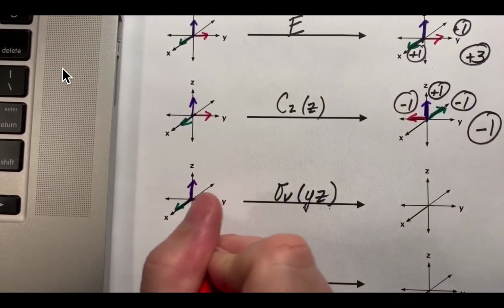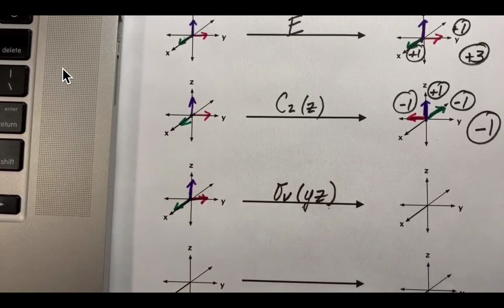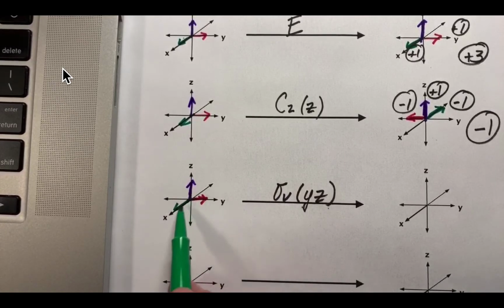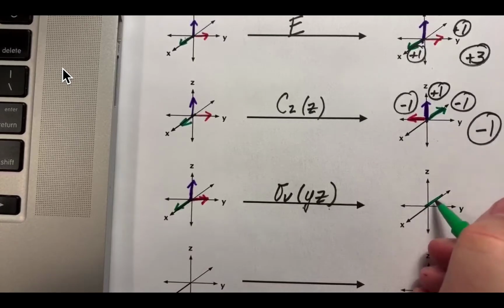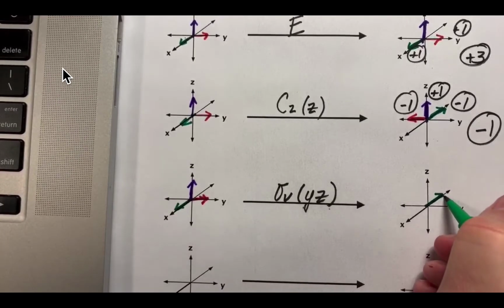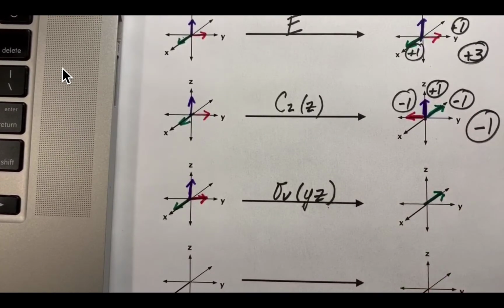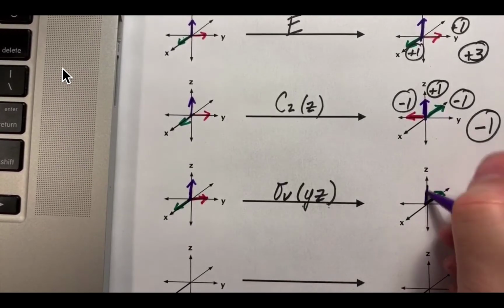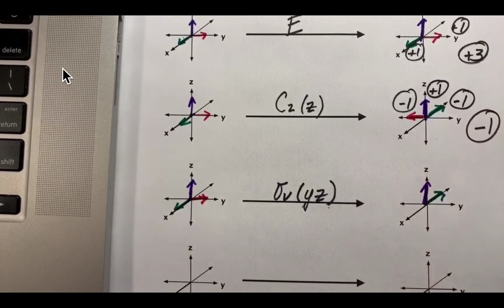Again, they're all going to start the same. So reflection through the YZ plane. Well, that means X, which is out of that plane, gets reflected into the negative of itself. But the two vectors, the Y and the Z, that are in that plane are left unchanged.